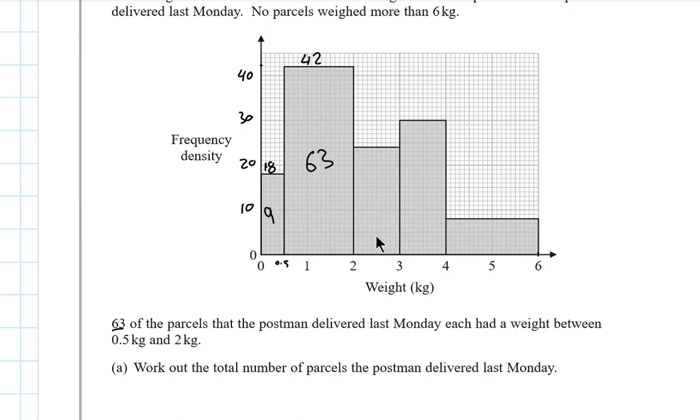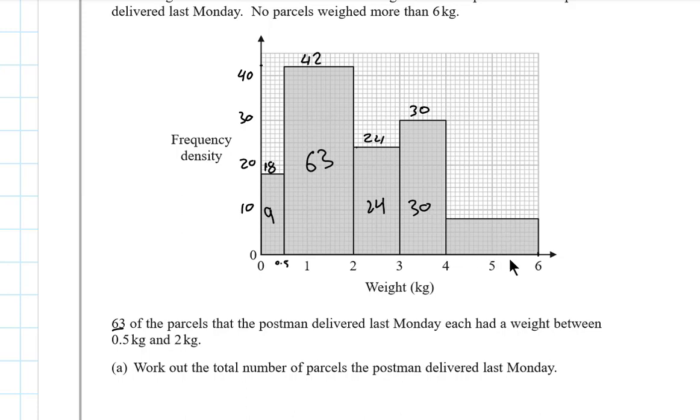For the third bar we have just one class width, and we have here 24, sorry, this is 25, so this is 24. And here we have 30. 24 times 1 is 24, and 30 times 1 also 30.